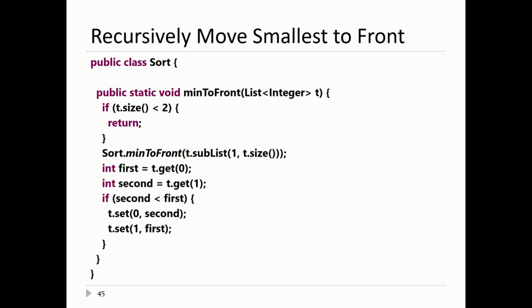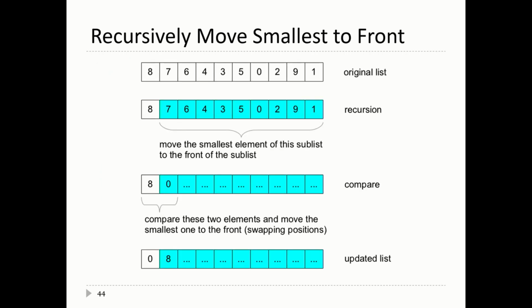So if you draw out the picture, it's tedious, but you can convince yourself that this does in fact work. For example, you start with a smaller list, let's say a list of size 5 or 4, and just follow the method recursively through and see what it does to the actual list.